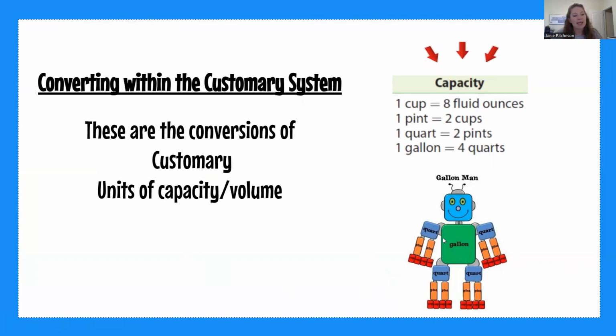So this gallon man is made up, his arms are 4 quarts. There's 2 pints per quart. So the total number of pints in a gallon is 2, 4, 6, 8. And then for every pint, there's 2 cups. So you can see for 1 whole gallon, there are 4, 8, 12, 16 cups in a gallon.